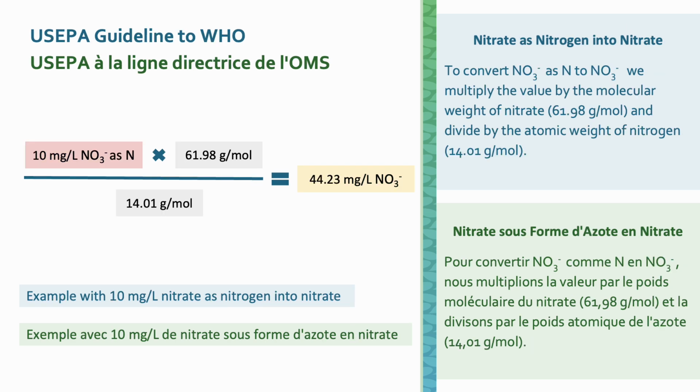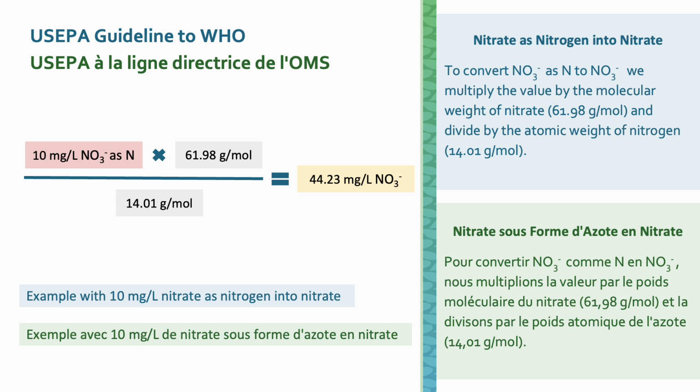Sometimes the opposite might be true. You may have been given nitrate as nitrogen and you want to know what the nitrate concentration is. Or, in this example, if you want to know how the guidelines compare, we need to convert nitrate as nitrogen into nitrate.